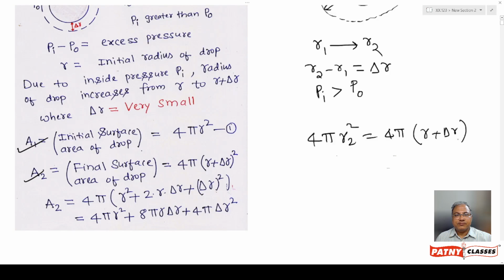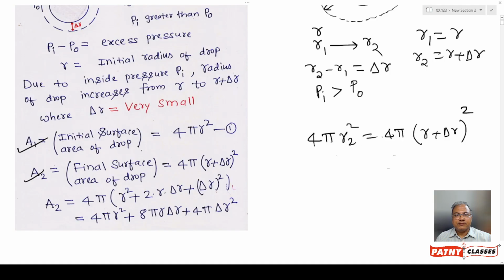Initial radius we have taken as r. I repeat once again, I have taken R1 equals r and R2 equals r plus delta r.